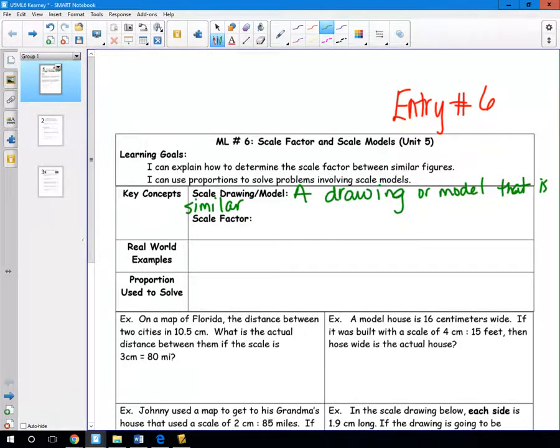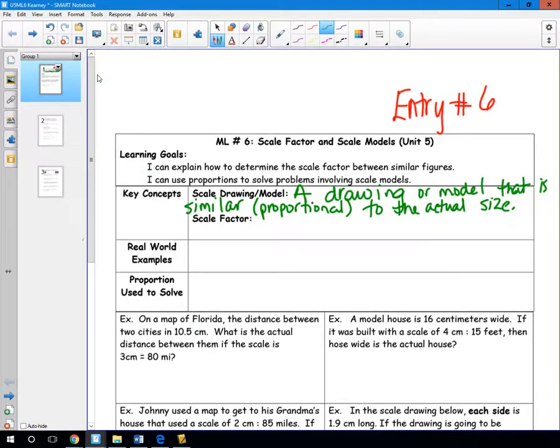They are proportional. So behind that, I'm going to put, just to remind us, similar means they are proportional to the actual size. So my map or my drawing doesn't have to be the size of whatever it is in real life. It's a proportional drawing, okay?